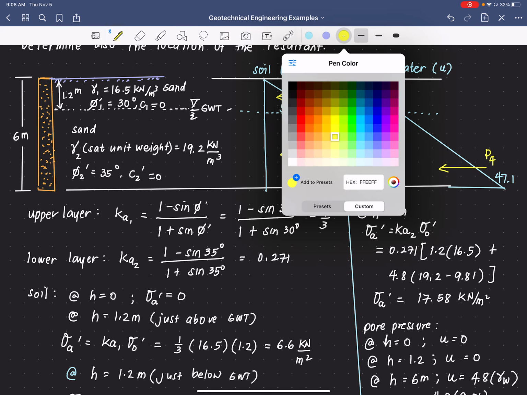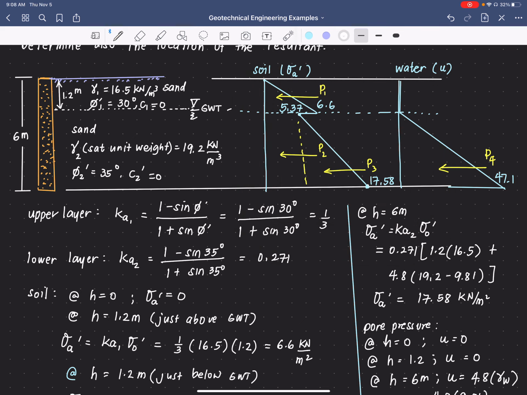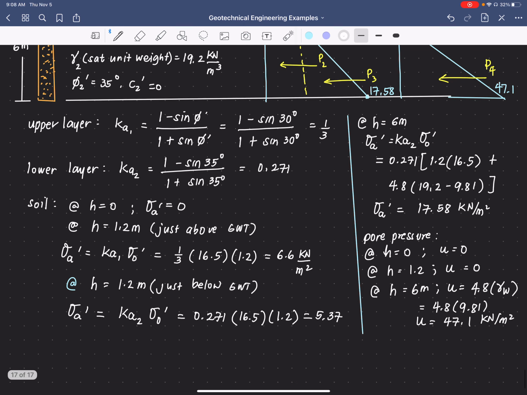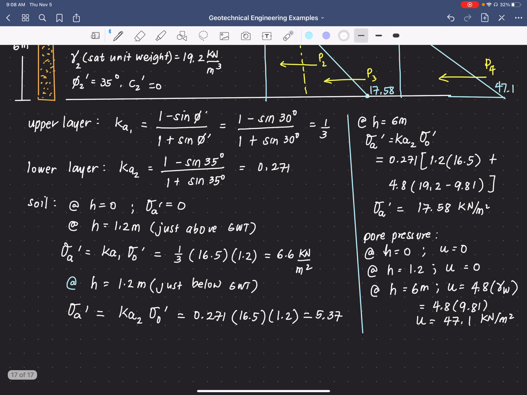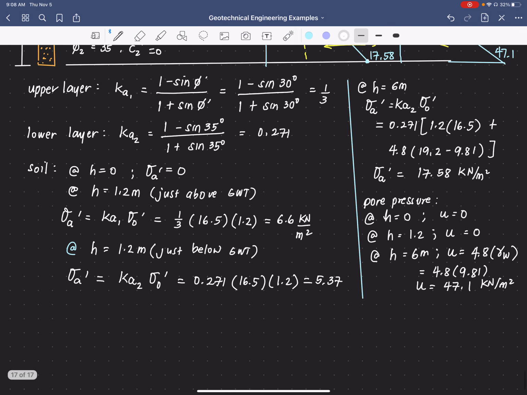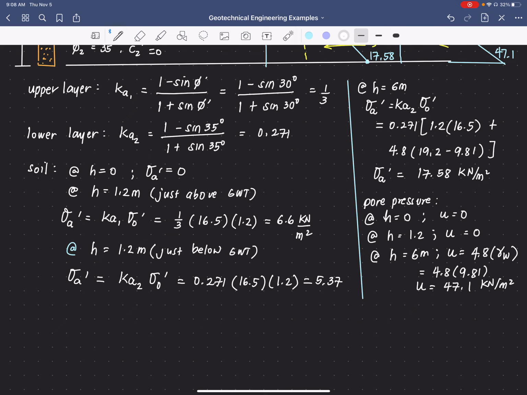So to get the total force acting on the retaining structure, let's say this is the total active pressure, or the total active force.